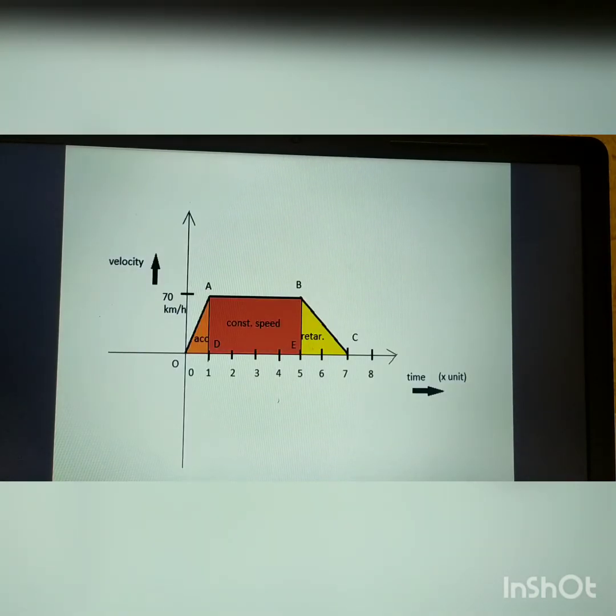So for the triangle AOD, x is the base. For the rectangle, height is 70 again, and the base is DE, that is 5x minus x equals 4x. And for the triangle BEC, height is 70 again, and the base is 7x minus 5x, that is 2x.